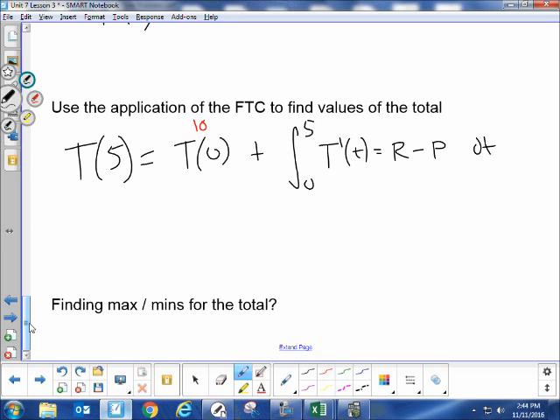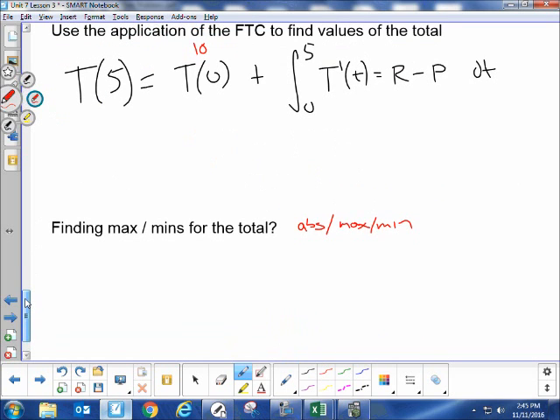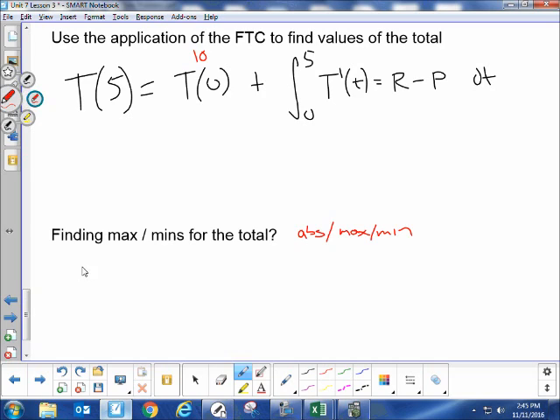And frequently you will be asked to find the max and the mins of a total amount. So this is when we go and remember optimization, absolute maxes and mins. To answer when you have a max or min, you need to recall and check the whole candidates thing: locations of your relative maxes and mins and your endpoints.